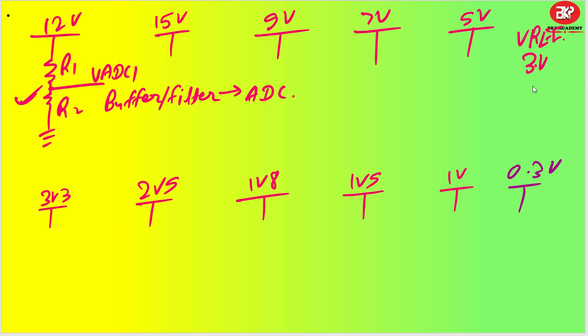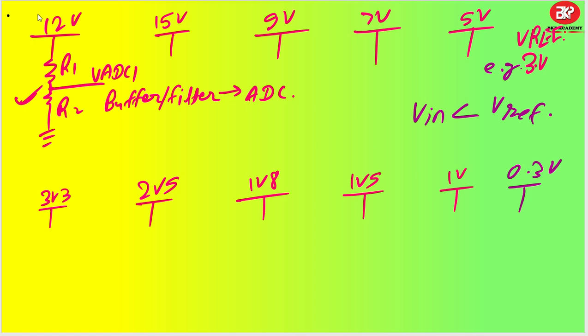Don't consider this as a fixed value of V reference. Let us say we have V reference as 3 volt. The analog voltage going into the ADC pin must be lesser than 3 volt. V in must be lesser than V reference, so that your design will be better.